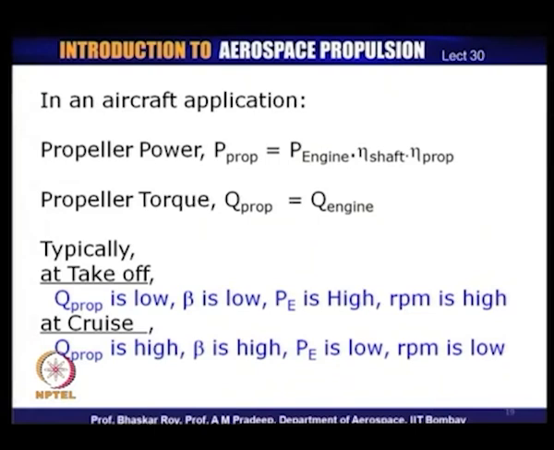These are some of the fundamental issues that come out of propeller theories, and you need to ensure that you have a propeller which supplies sufficient thrust during takeoff and cruise, meeting all the requirements shown over here. Only then you have a propeller which is worthy of putting on an aircraft for flying the aircraft.